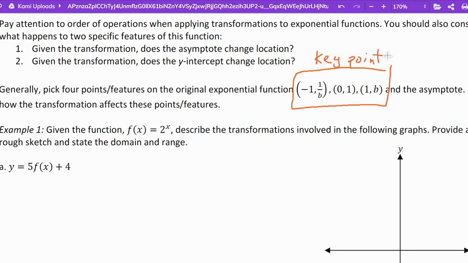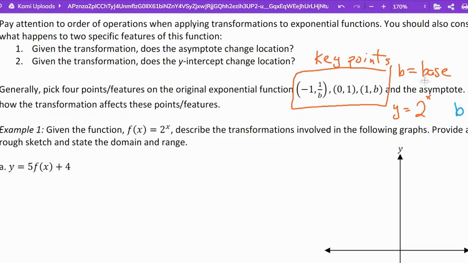Key points, where the b is the base of the exponential. So if I have, for example, y equals 2 to the power of x, that means my b equals 2. Okay, so I'm going to show you how we find these key points in the next question. But that's just 3 key points.